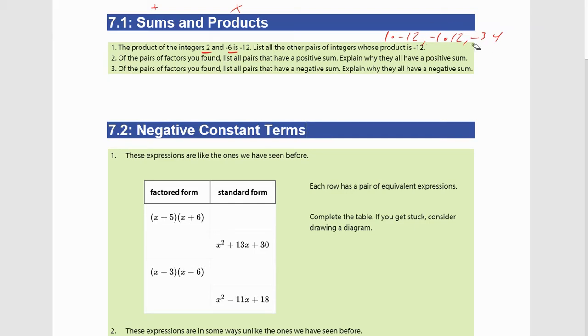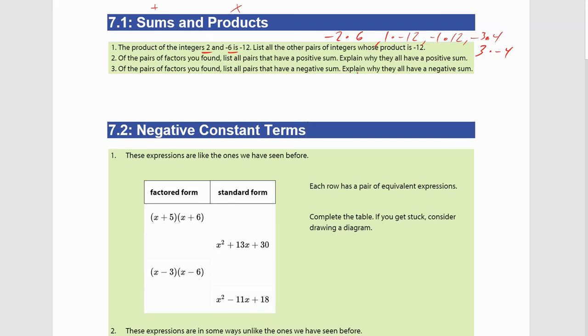And what about +3 times -4? They did 2 times -6. What about -2 times +6? All those different pairs could have given you a product of -12.